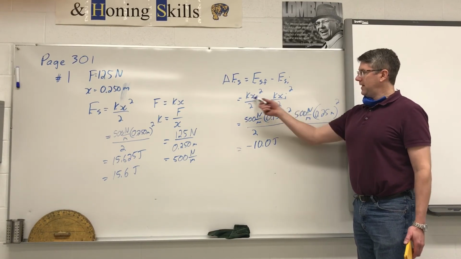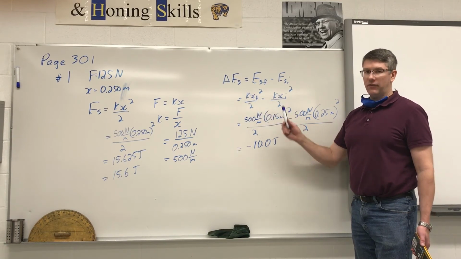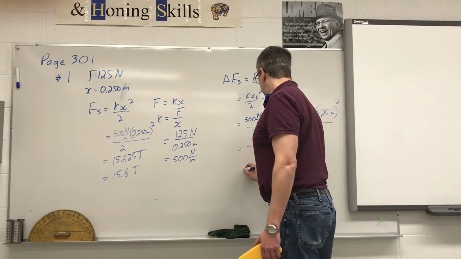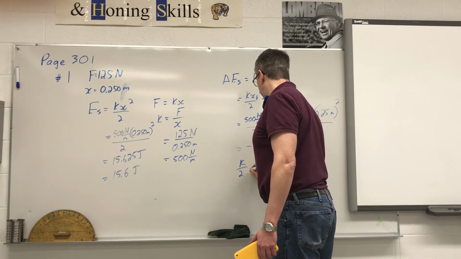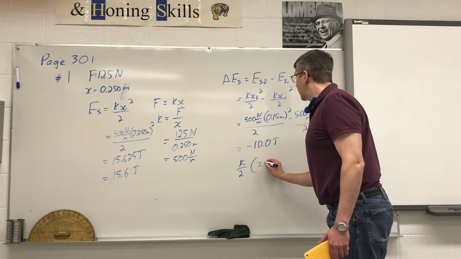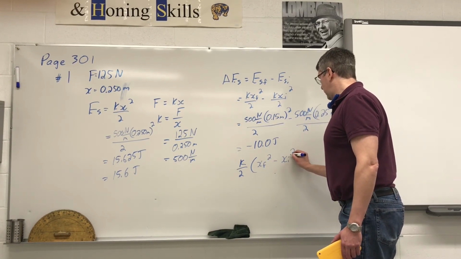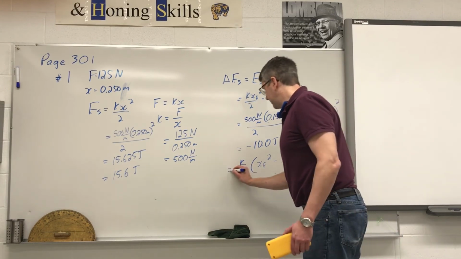You'll notice that in each of these terms we have a k and we have it divided by 2. So we can factor that out. So if we jump down here, we can say k divided by 2, and we'll have an x final squared minus our x initial squared, close brackets.